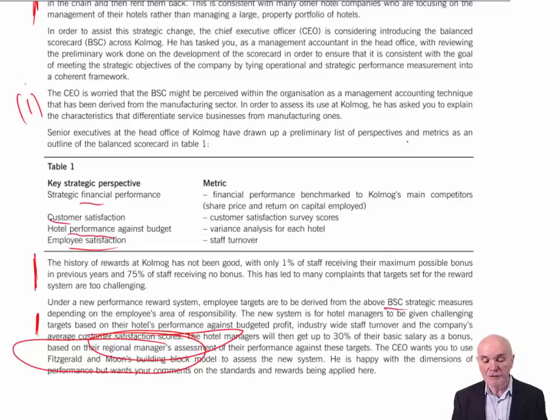But how else could you measure customer satisfaction? And again, I would come back and suggest, well, what about returning customers? What about looking at sales growth? What about if a new customer comes along, you ask them, how did you find out about us? And if they say, well, we found out about you because you were recommended to us by another customer, then that's pretty good news for us.